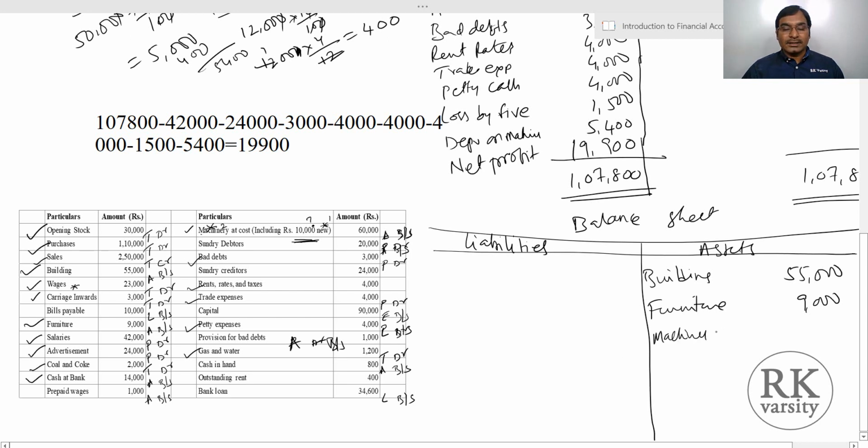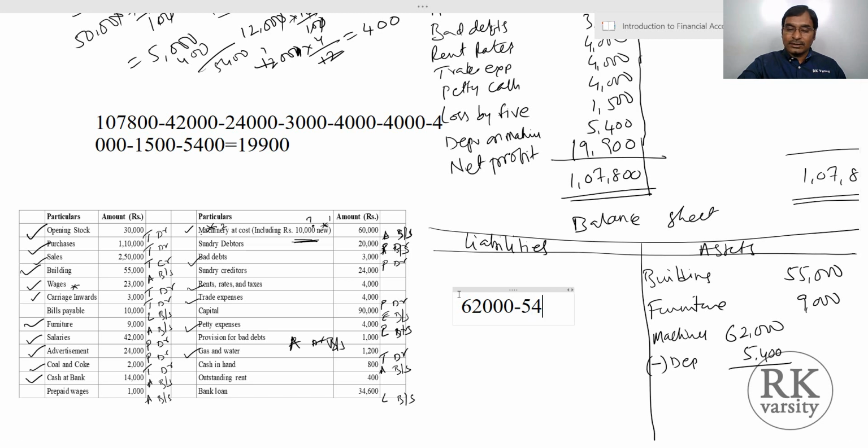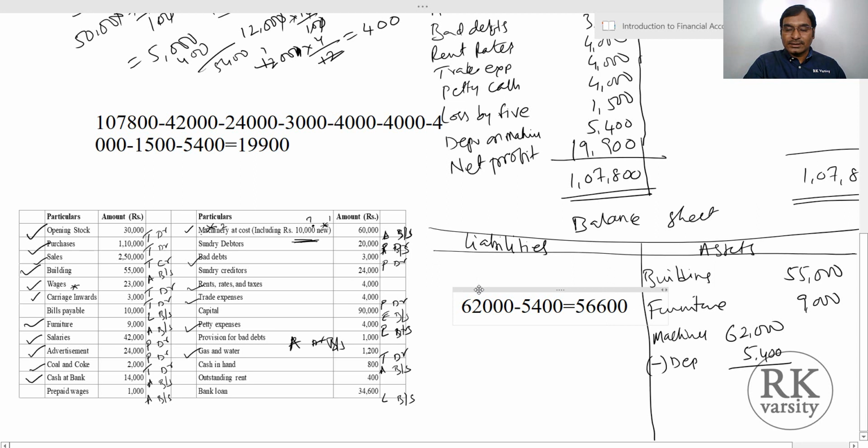Then we go with machinery. Machinery is 60,000 plus wages included, that is 62,000, minus your depreciation. As I told you, adjustments will have effect on two places. So our depreciation on machinery is 5,400. So this is going to be 62,000 minus 5,400, 56,600. 56,600 is the value of your machinery.